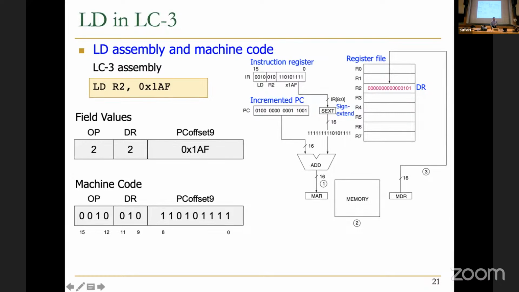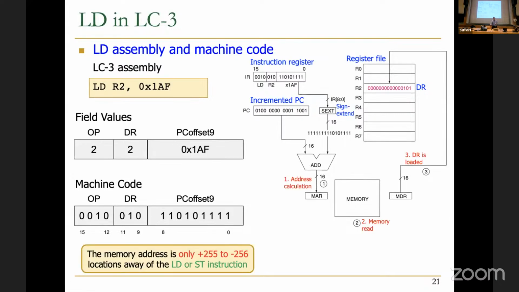Okay, so that's load. The one interesting thing with this particular addressing mode is that it is relative to the program counter. That's why it's called the PC-relative addressing mode. And it's relative in the sense that it's limited to what this PC offset 9 can encode.